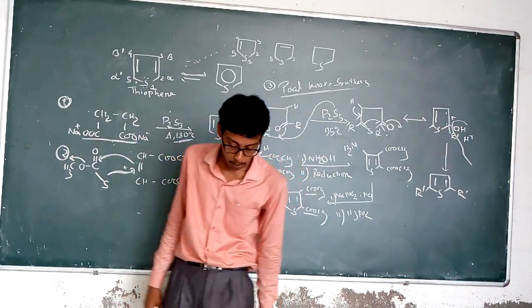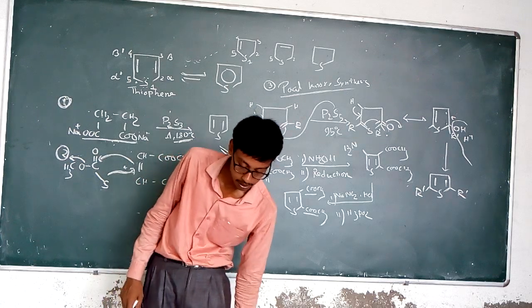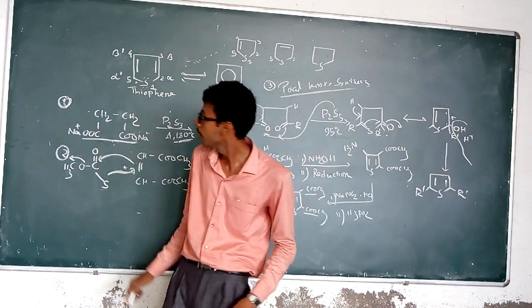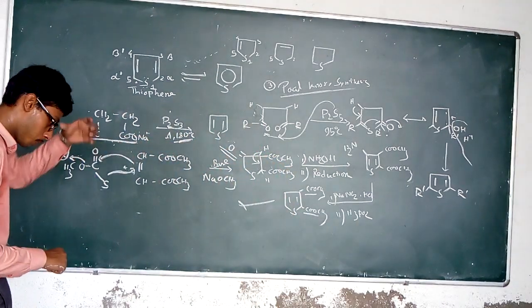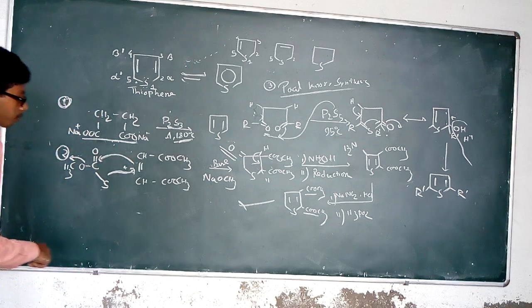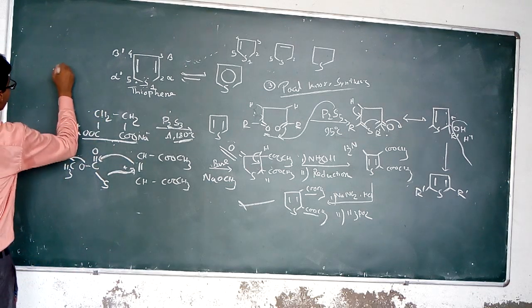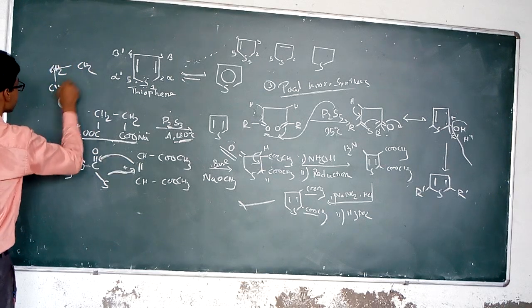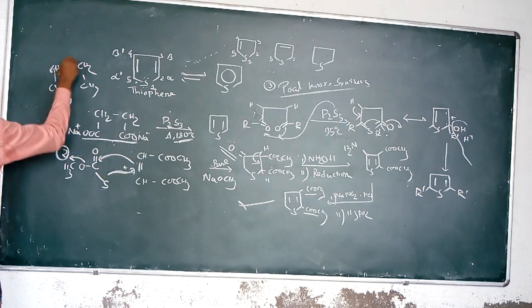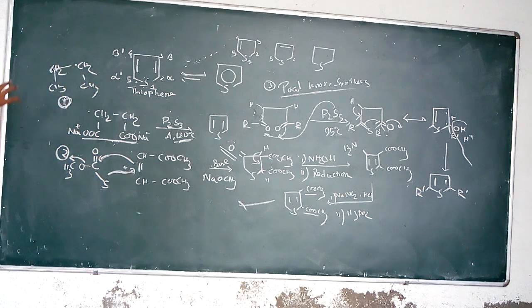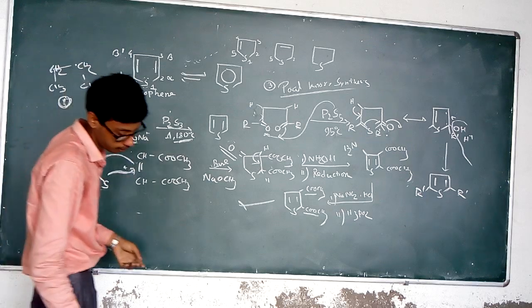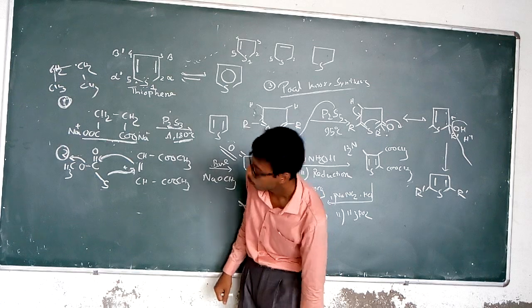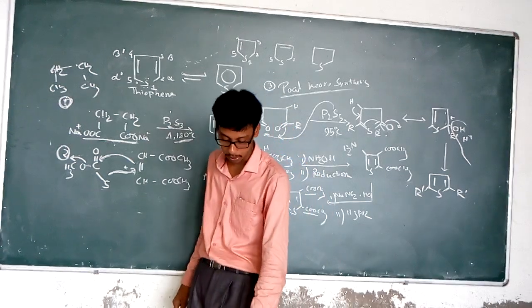The last one is from acetylene. Thiophene is manufactured by the cyclization of n-butane with sulfur. N-butane contains CH3, CH2, CH2 and CH3. So this is butane, 1, 2, 3, 4 carbons, and this butane is treated with sulfur at about 600 degrees Celsius, so that thiophene forms with the elimination of hydrogen sulfide.